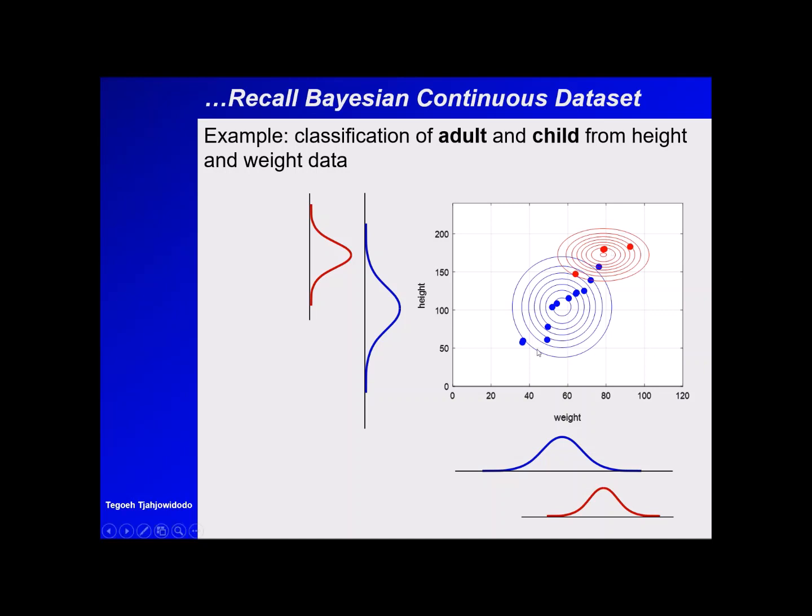And what we did last time, based on these samples, we assumed that the weight of the children is distributed normally, as well as the height of the children, the weight of adults, and the height of adults. Based on these samples, we assumed that the population has a normally distributed density function, right?